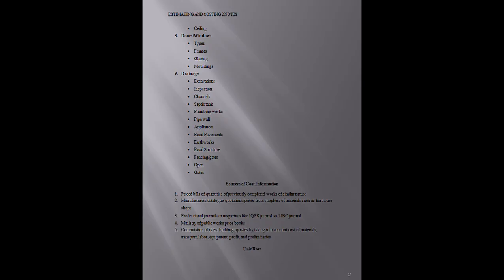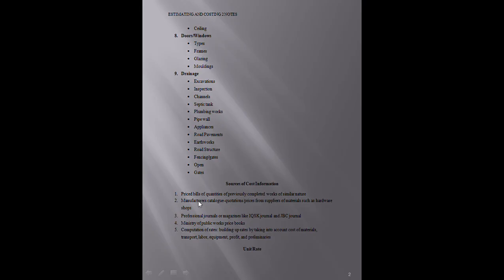Before we continue with topic number 1, we need to first know what the sources of cost information are. Where do you get the information in terms of costing? The first source of information is priced bills of quantities of previously completed works of similar nature.